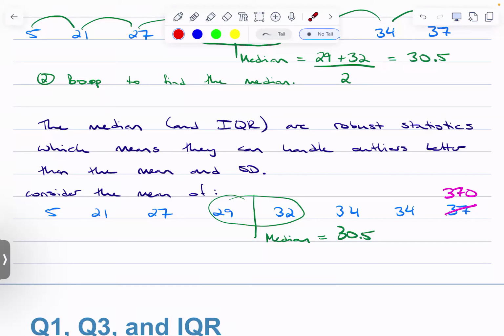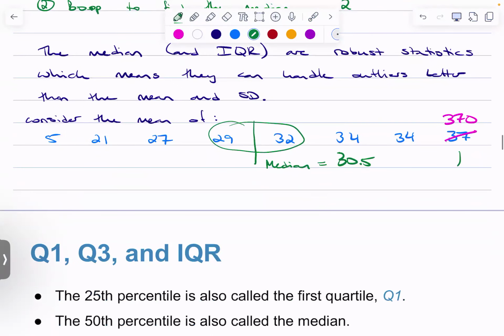And that's why we use it for non-normal data, right? So if you have a skewed distribution which has outliers, then we need to use the median as our measure of center, because otherwise the mean is pulled in the direction of the outlier or the tail.